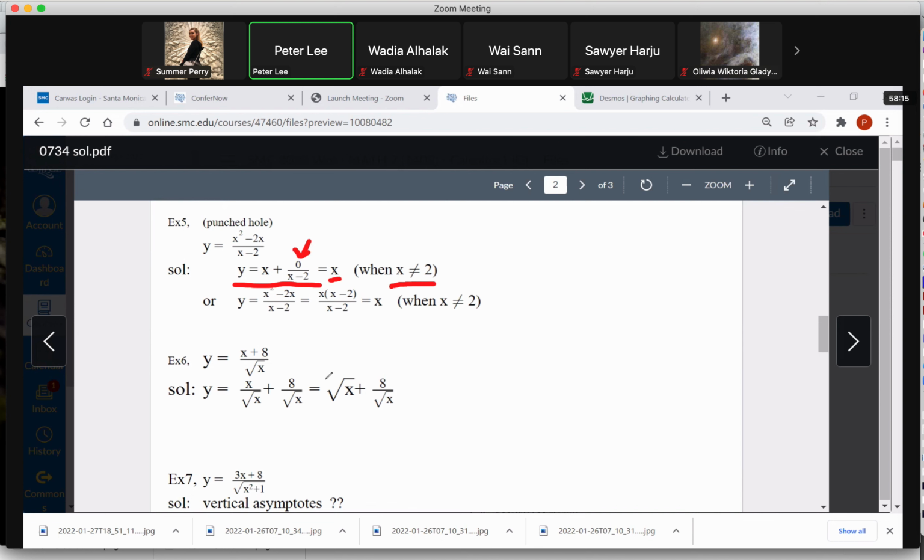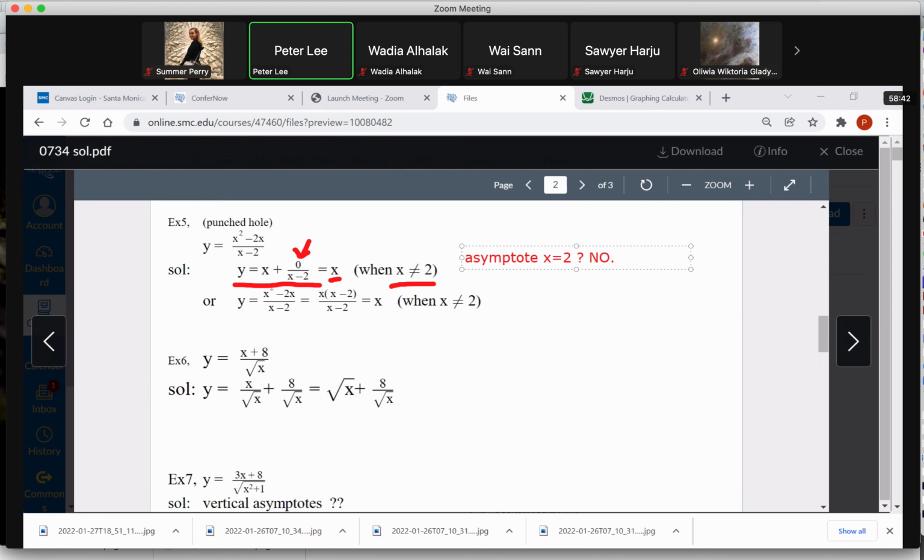So does it have an asymptote? Is x equals 2 an asymptote or not? What do you think? You think we have an asymptote x equals 2? Because you see this x minus 2 here in the denominator?